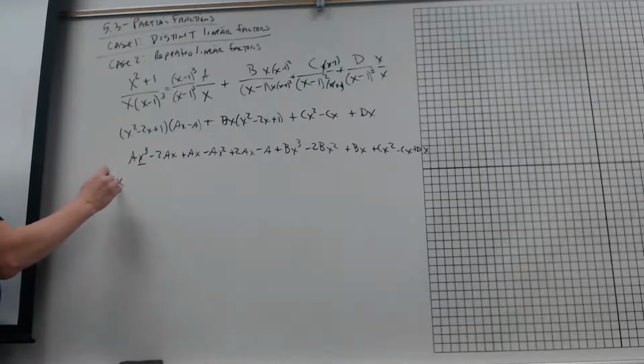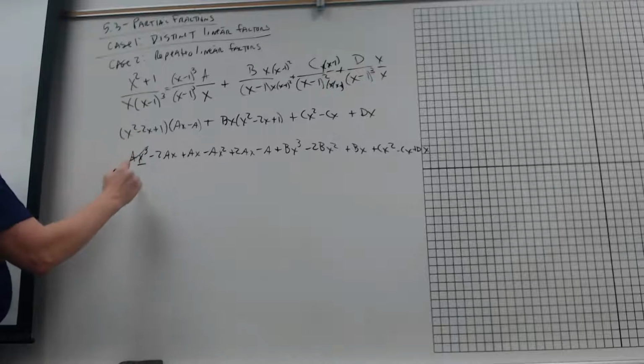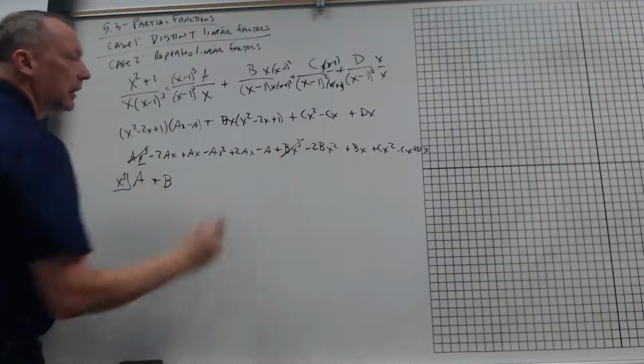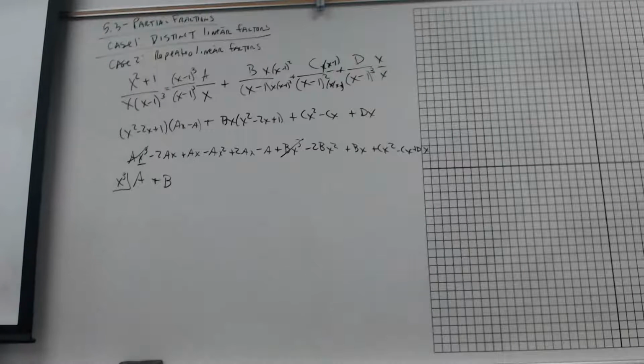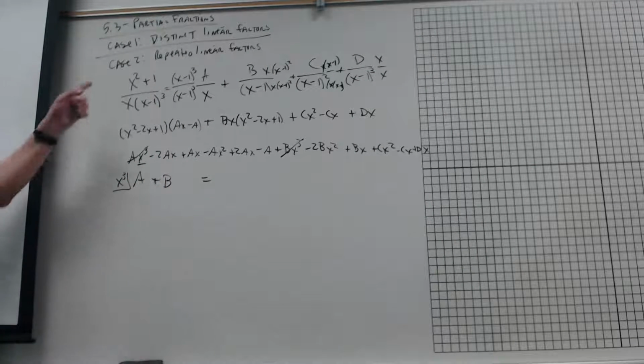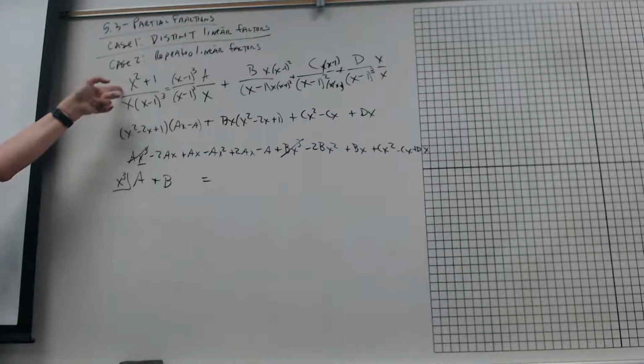So let's start with the x cubed. I'm going to find all the coefficients of x cubed. That's going to be a plus b, that's it, right? A plus b, what does that have to equal? What's my x cubed term here? 0.